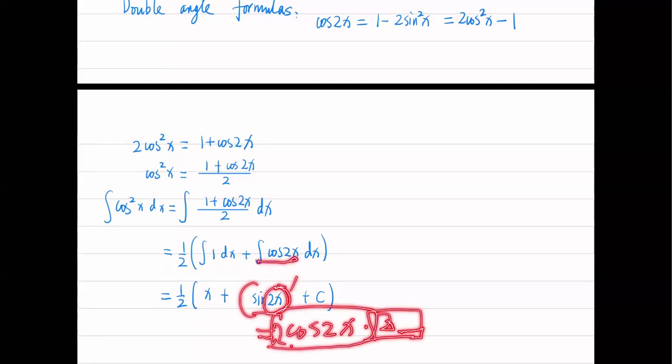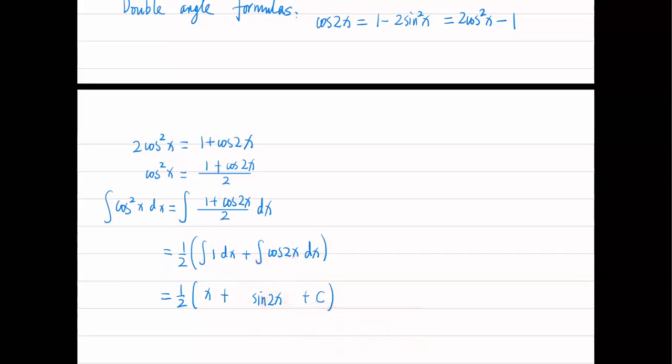We want to kill this extra 2. How do you kill this 2? We will divide it by 2. In this way, we anticipate there will be another 2 because of the chain rule. So we put 1/2 over there to kill that. Okay.